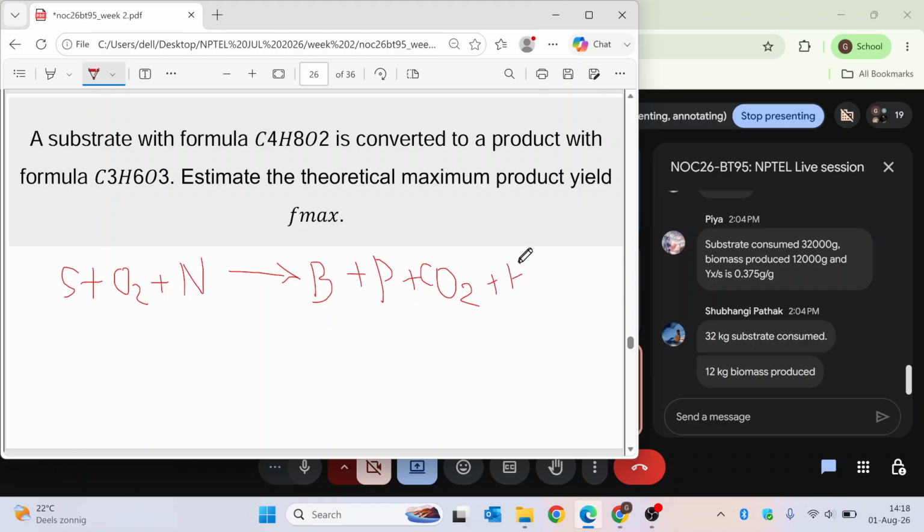So this is what you will ideally get. For this equation you will ideally assume your nitrogen source to be ammonia, and you will have an electron balance equation. So where will the electron balance equation come from?